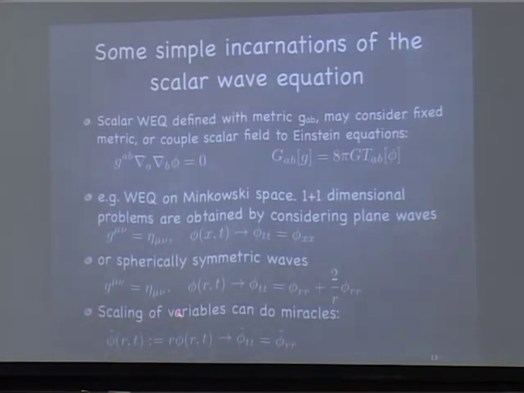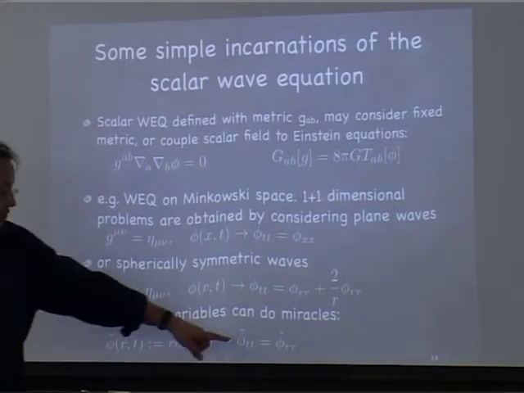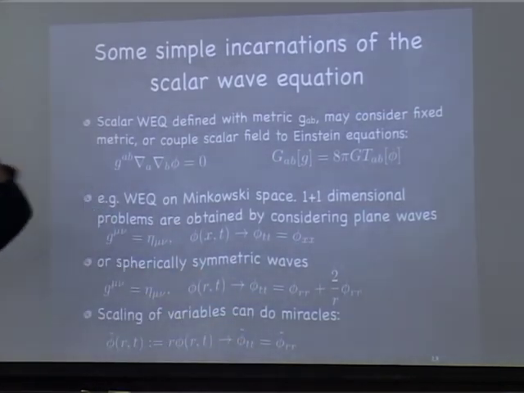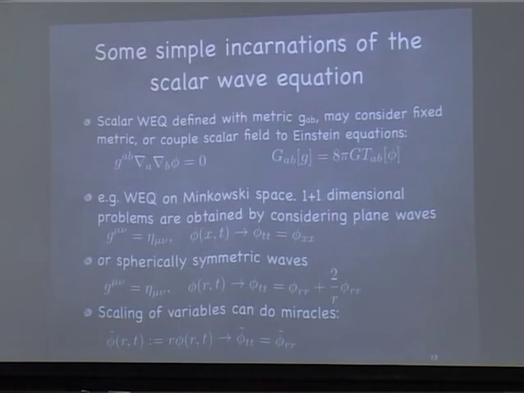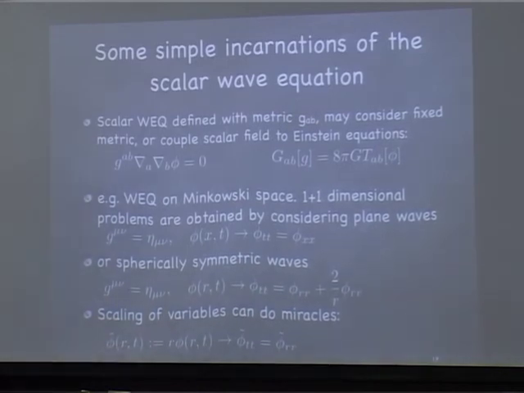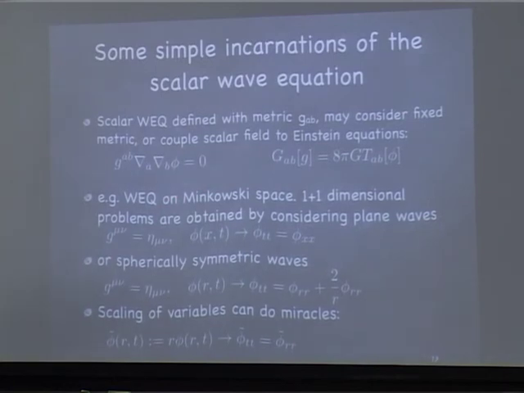If we define a new variable, I call it phi tilde, which is just r phi, and insert that, then I get phi tilde_tt is phi tilde_rr, and it's just the wave equation, the simple one we had before. Okay? So this means that if you solve your method of lines for the wave equation, you can interpret the solution as plane wave solutions or spherically symmetric waves, which are like spherically symmetric outgoing radiation.